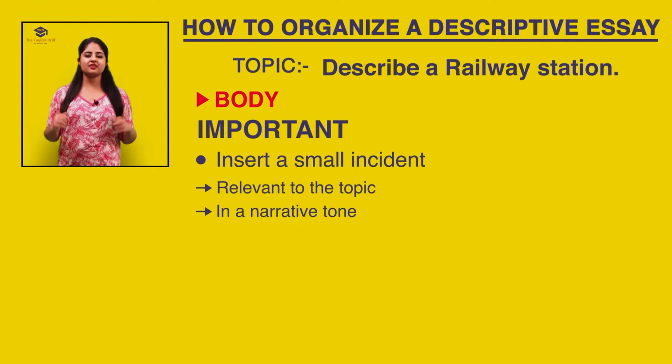be relevant to a railway station. It cannot be relevant to a park or a museum or a party or a wedding. It has to be relevant to a railway station, because your essay topic is describe a railway station, right?